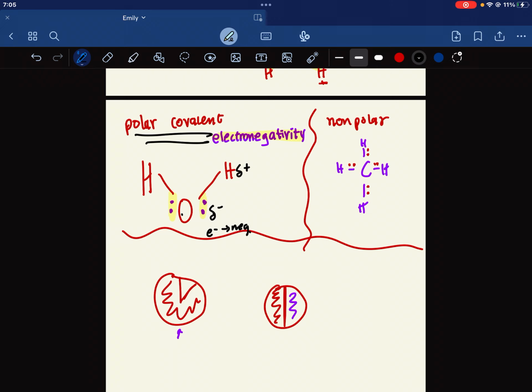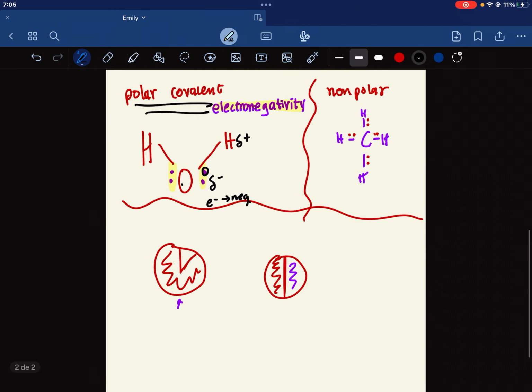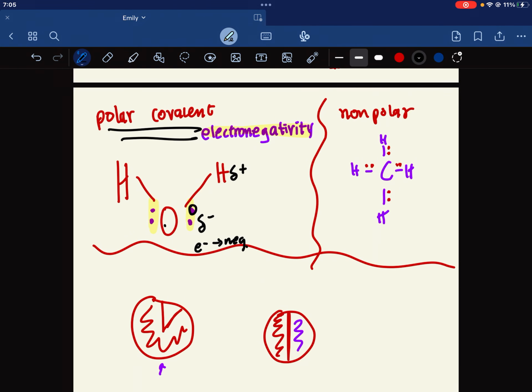Hydrogen's going to be a little bit positive because it hasn't fully given up its electron. It's not like an ionic bond where we fully lose an electron, but it's almost given it up. It's like the deadbeat dad who takes the kids once every other Saturday. Hydrogen has a little bit of access to the electron, but not really. So there are fewer electrons. They're partially positive. Oxygen's partially negative.